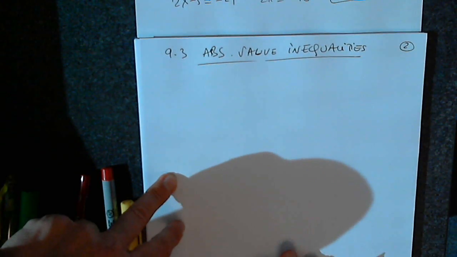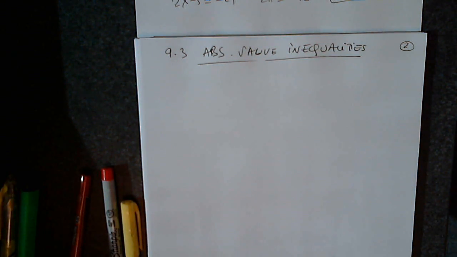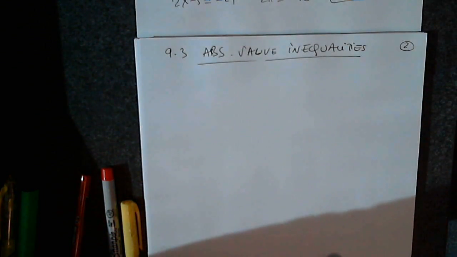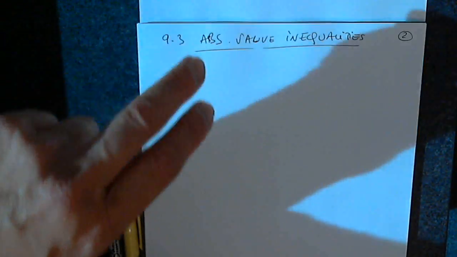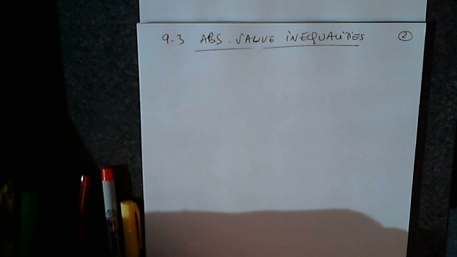For some reason, these inequalities confuse some of my students. Not sure why. I'm going to try to make it very, very clear, but for some reason, it's still somewhat confusing, and I blame it on myself, part of it anyway.